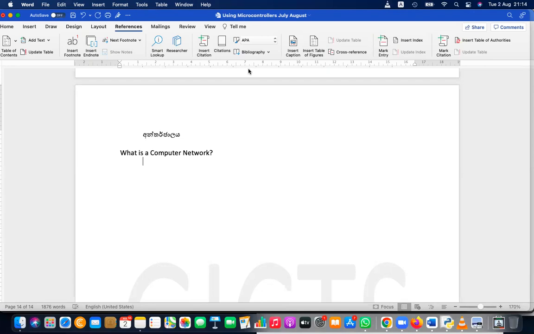So what is the purpose of connecting devices? Can you give me a few? Data transfer. Yeah, data transfer and communication is one important thing. Any other thing other than the data transfer and communication? Any other usage? Communication is one primary usage.